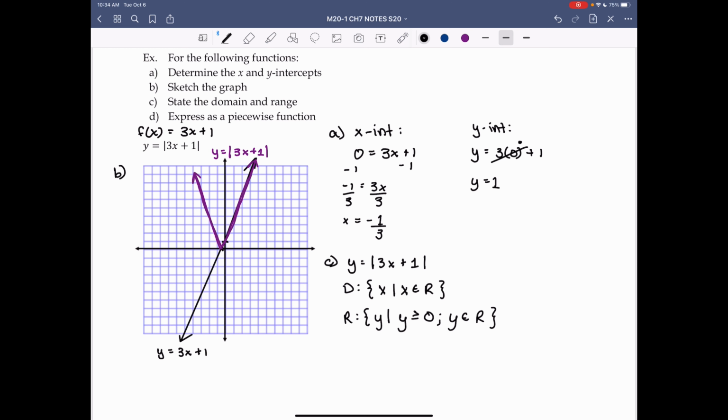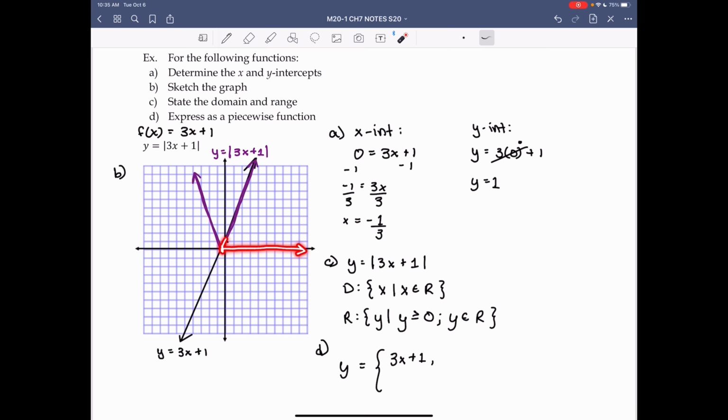And then D expresses a piecewise function. Y equals curly bracket. Start with the function f of x, so just the part inside the absolute value, which is 3x plus 1. Where is our absolute value function the same as that function? What values of x? That was when our x values were greater than or equal to the x-intercept of negative 1 over 3.